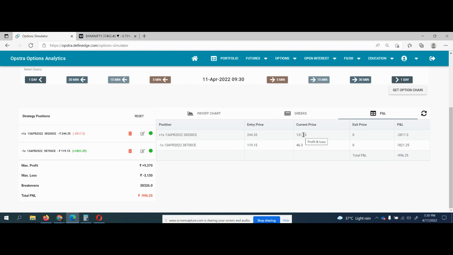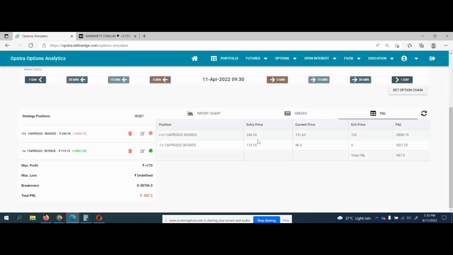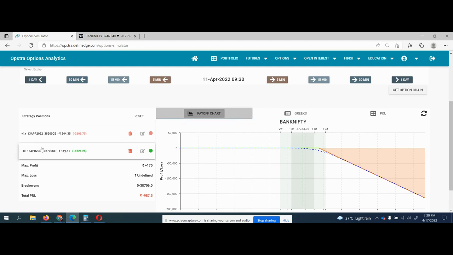Now the premium is like 131. I'm just exiting this at 132. See, when I exit this, look at the payoff. Now this has only your sold position, the call sold position 38,700, because we have just squared off this particular leg. Now to convert this to a strangle, you all know a strangle, right?